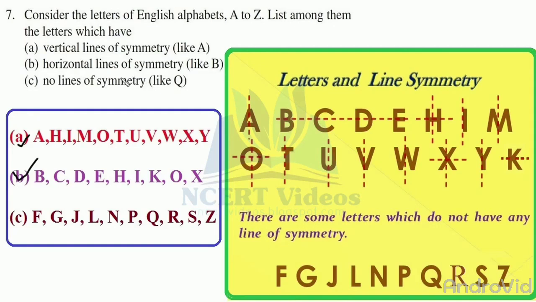Now no lines of symmetry. There are some letters which do not have any line of symmetry like F, G, J, L, N, P, Q, R, S, and Z. These letters have no lines of symmetry at all. So that was your last question, question number 7.